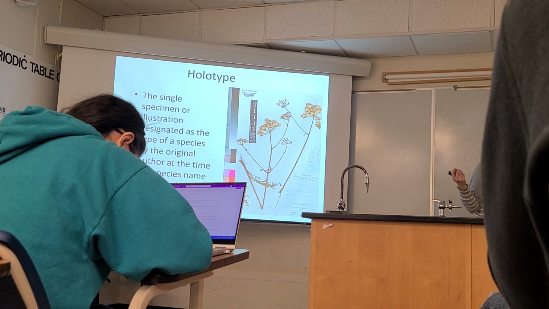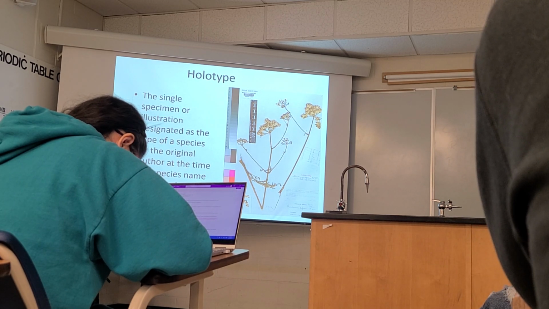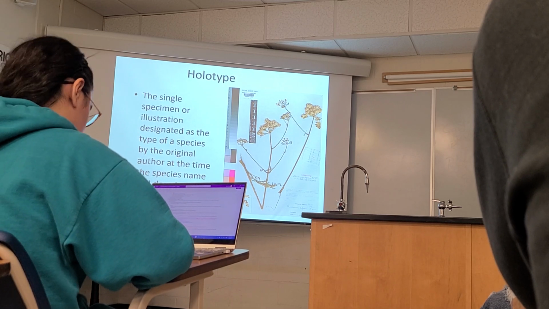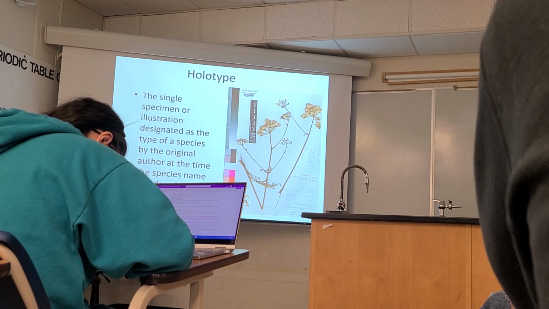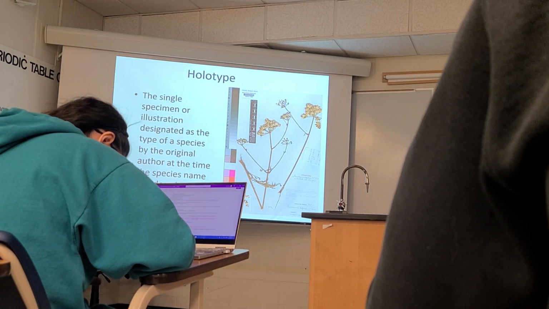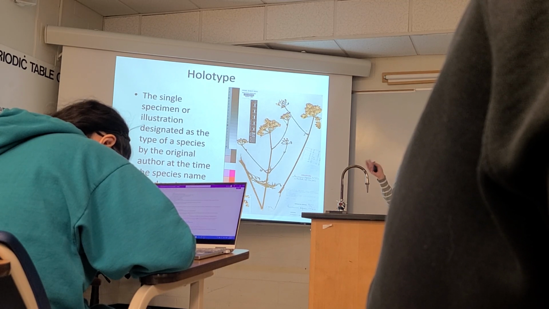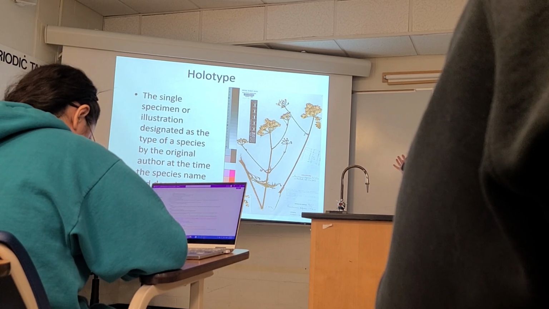And, as we'll find out in a second, there are right ways and wrong ways to publish names. One of the first things that has to happen when you publish a name is you have to make sure it's formatted correctly, and you have to designate a type. So this has to be designated at the time that the publication comes out. This is primarily the specimen that he or she spent the most time studying and measuring, so they think it is the best representative for that species.